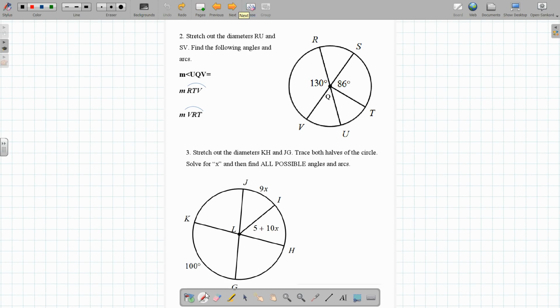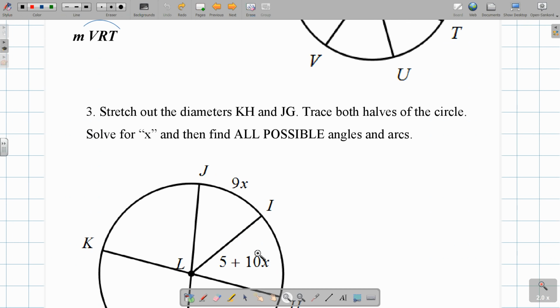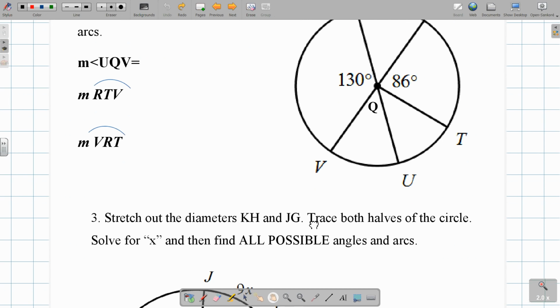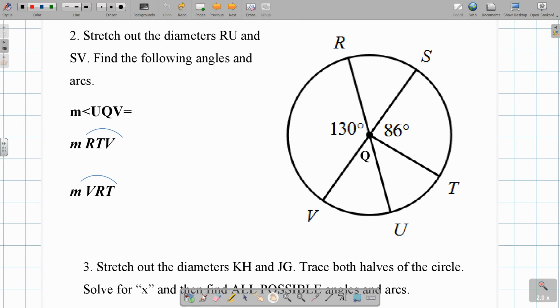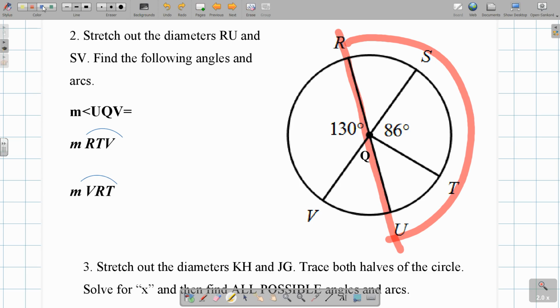We're going to stretch out the diameters, RU and SV: trace, stretch, sweep. So RU, trace, stretch, sweep. We've got 180 going that way. And then we have SV, trace, stretch, sweep.